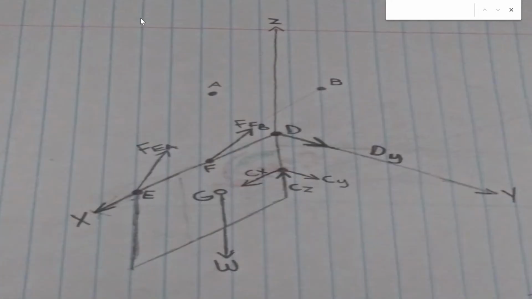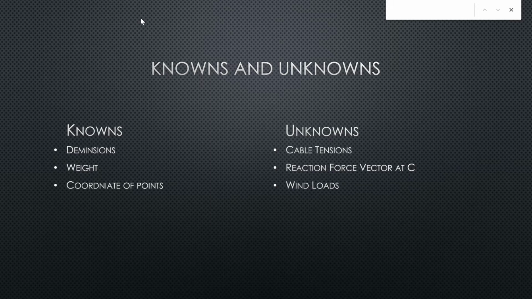This is my free body diagram of the structure. These are my knowns and unknowns about the project. My knowns are the dimensions, weight, and coordinates of points.